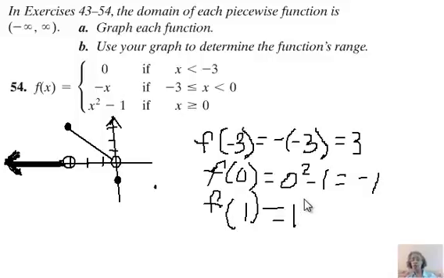So f of 1 is 1 squared minus 1, which is 1 minus 1, which is 0. Plotting this other point is just going to help me. So I move 1 unit right of the origin, since x is 1, and I plot the point (1, 0).